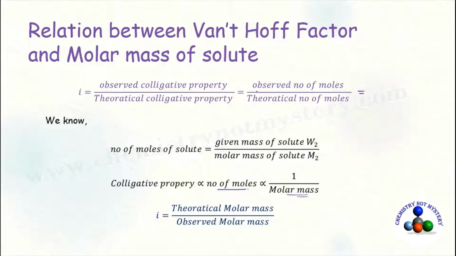That's why where there was the observed number of moles, there will be the theoretical value of molar mass, and where there was the theoretical value of number of moles, there will be the observed value of molar mass. That's why we got the formula i is equal to theoretical molar mass divided by observed molar mass.